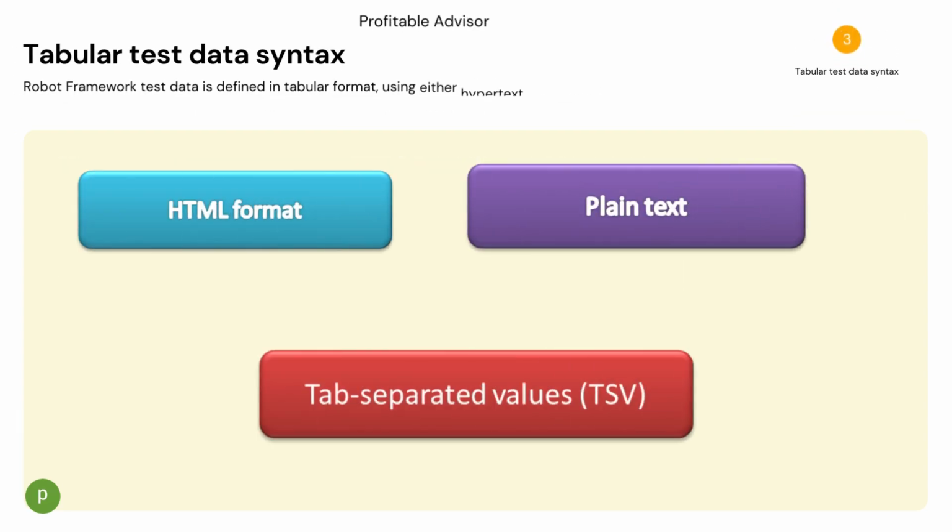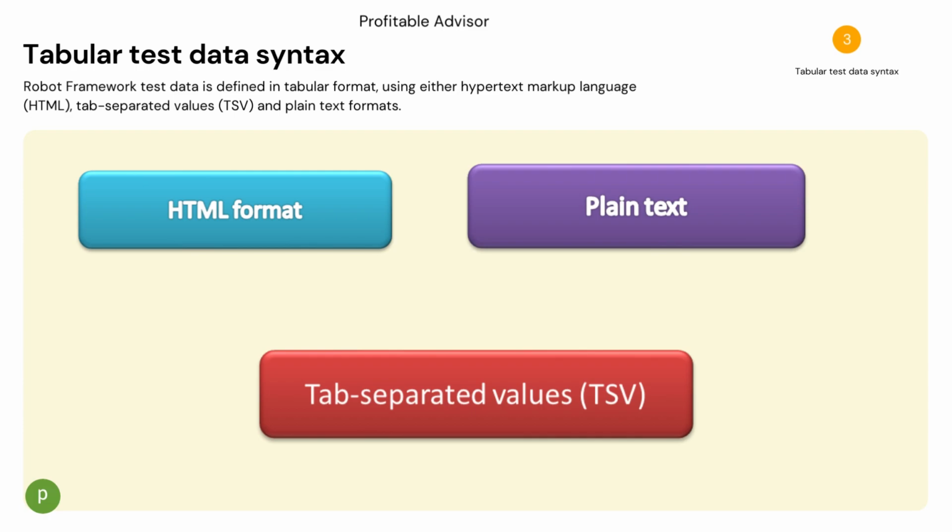Tabular test data syntax. Robot Framework test data is defined in tabular format using either hypertext markup language, that is HTML, tab separated values, that is TSV, or plain text formats. But the HTML format and the tab separated values TSV are deprecated in Robot Framework.